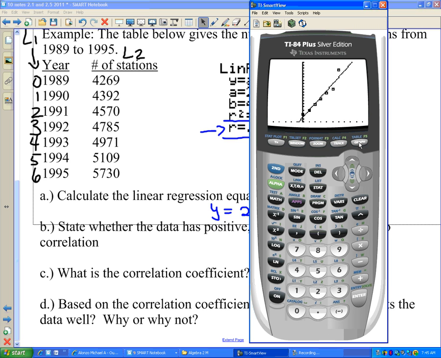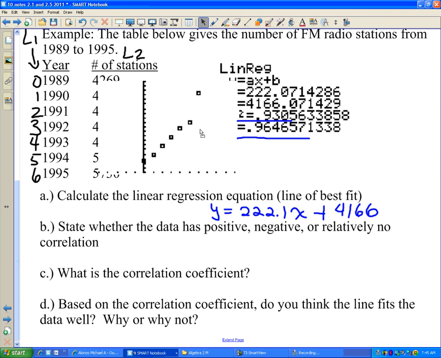Looking at the data, if you get on the equal sign and hit enter, the equal sign is no longer highlighted, so that means it's not going to draw the graph. Look at this data. Is this positive, negative, or no correlation? If I look at this graph from left to right, my data is increasing. It's almost linear here.